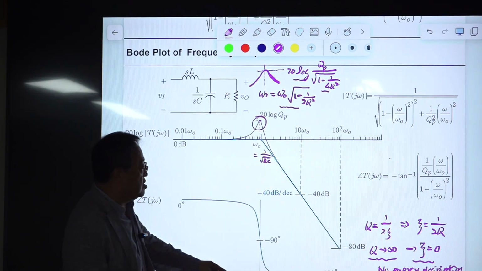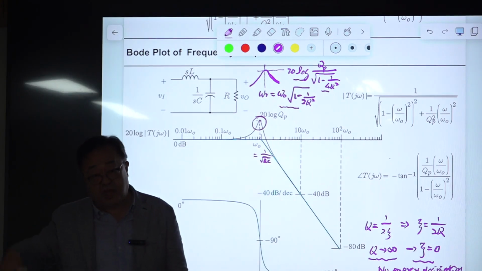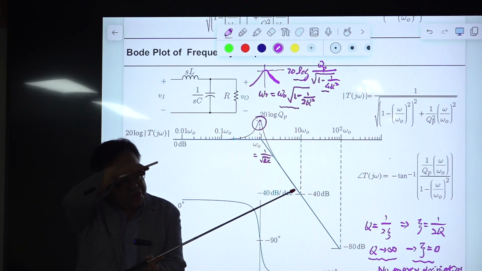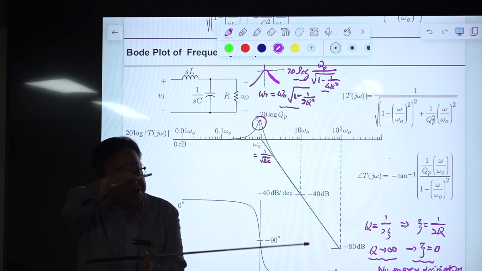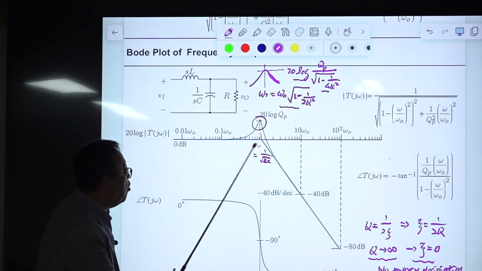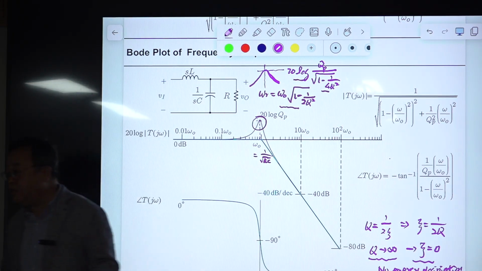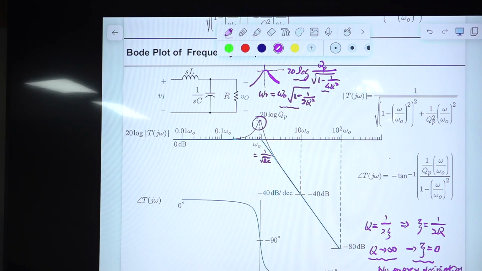This lossless energy exchange appears as periodic, sustained oscillation with constant magnitude. The magnitude is not changing because energy dissipation is 0, and this frequency corresponds to the double pole frequency. That is related to resonance, and the resonance converter makes use of this feature. But now we are not interested in that because we are talking about the PWM converter.